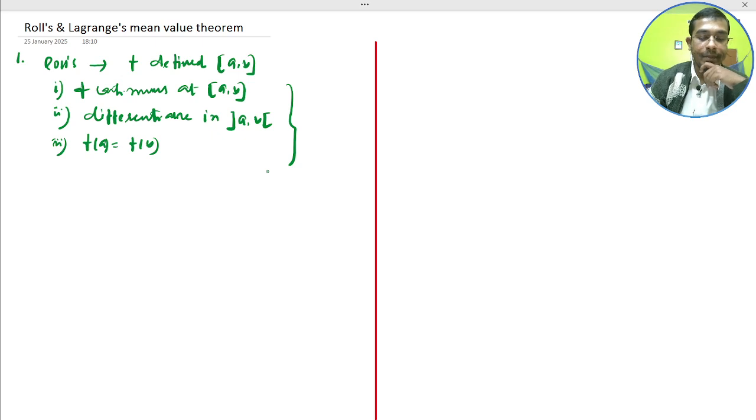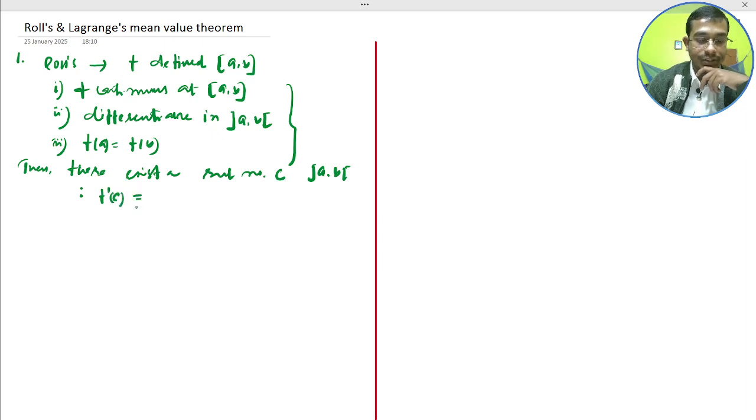Then there exists a real number c in the open interval (a, b) such that f'(c), the first order derivative of this function at the point c, is 0. This is the theorem.